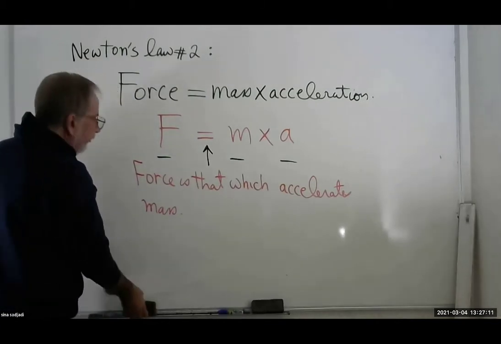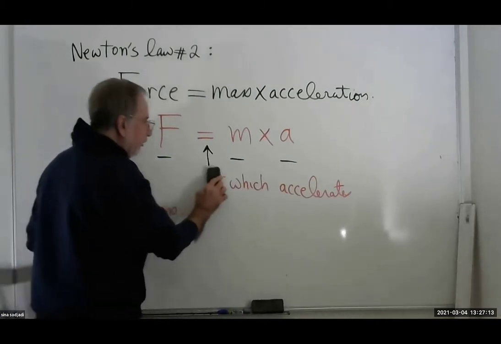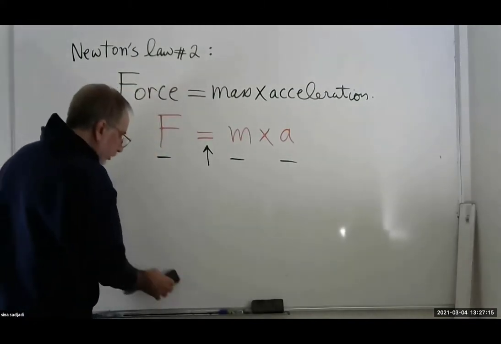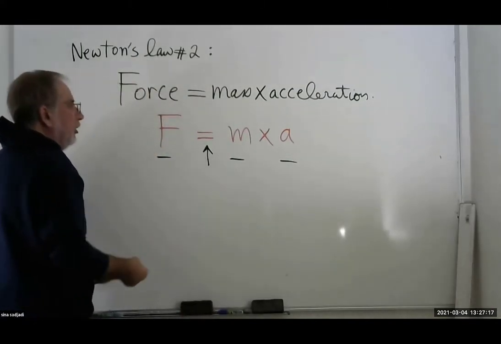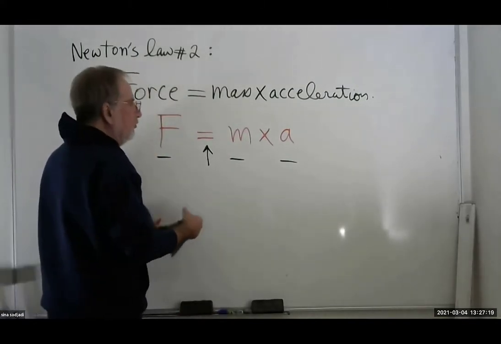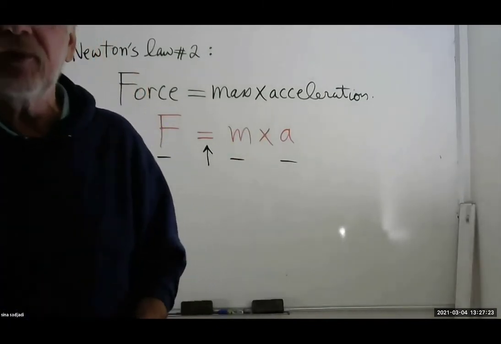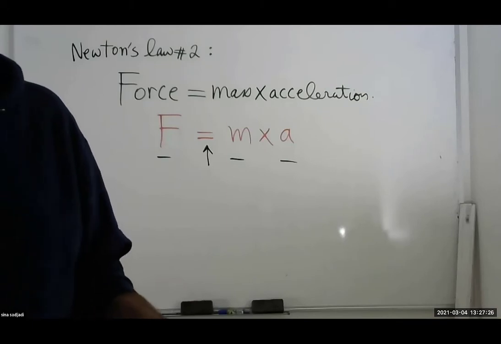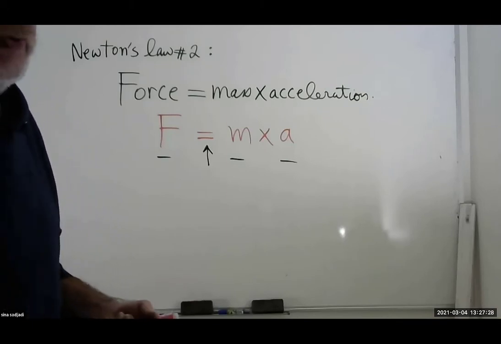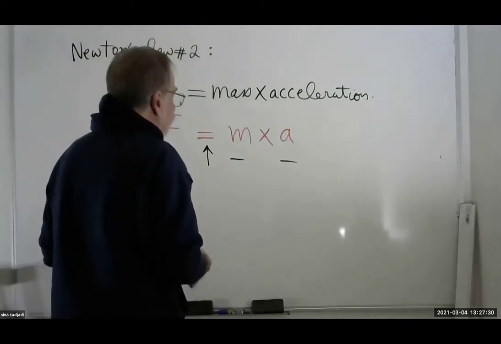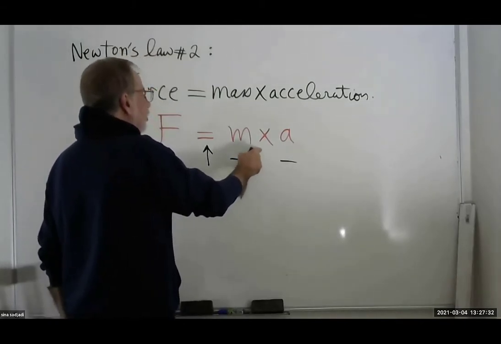And since you have multiplication here, you don't even have to use the multiplication sign. You can just say F is equal to MA. It's assumed.